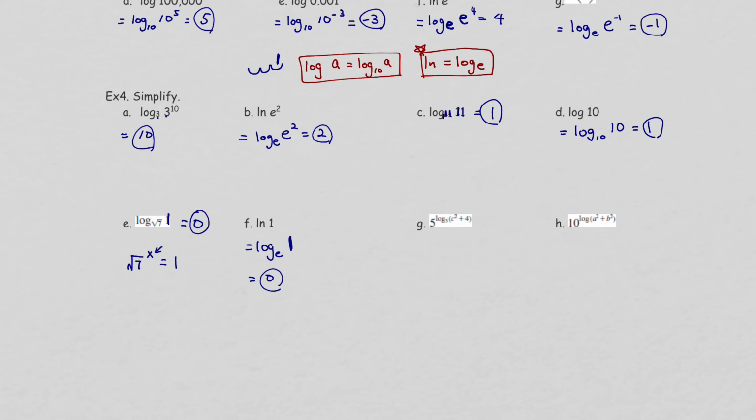This one is log with exponents, and the small base and base are the same. So your solution should be a squared plus 4, right?